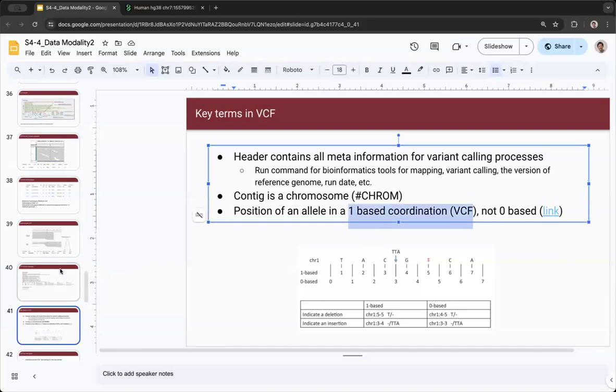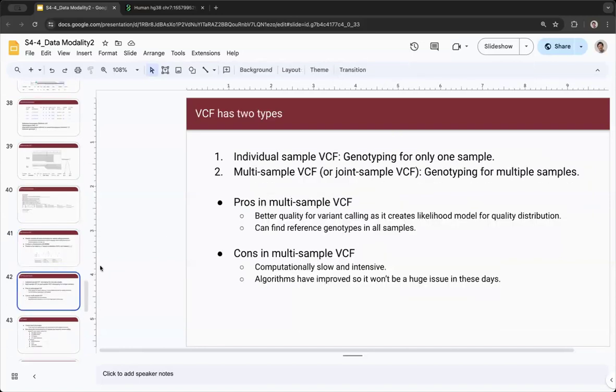And the VCF has two types. One is the individual sample VCF, where you literally genotype only one sample. The other is the multi-sample VCF, or joint sample VCF, which is more of an old term. This is genotyping for multiple samples. What is the good thing about multiple samples?